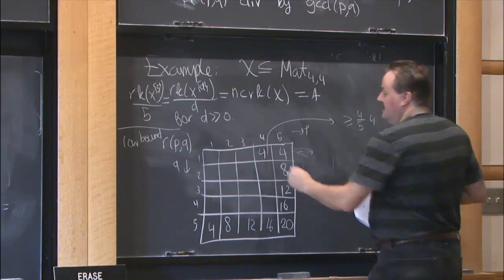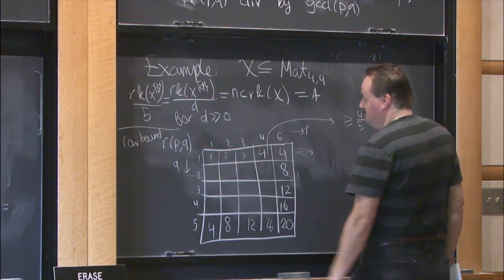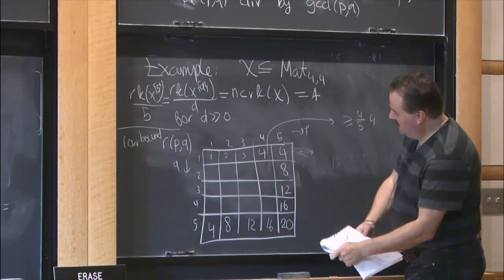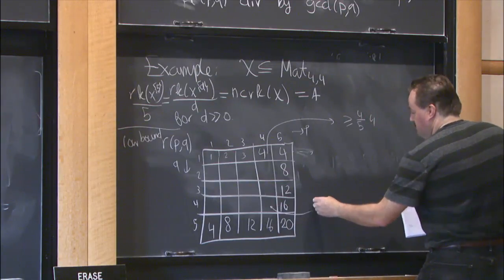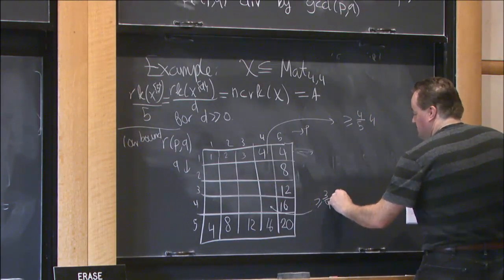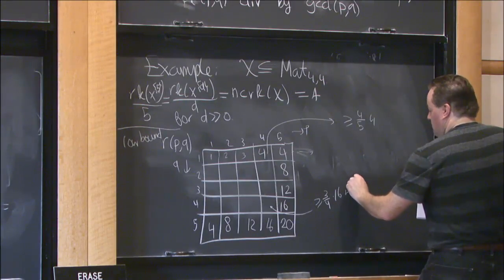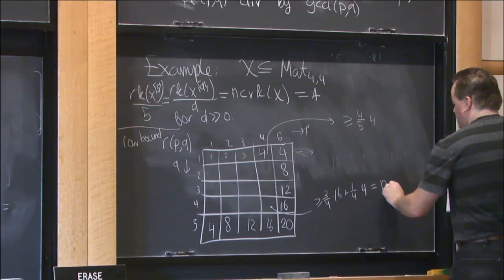So this has to be at least 4. And similarly, this has to be at least 3, and so on. Now, if you look at this entry here, this has to be at least 3/4 times 16 plus 1/4 times 4, which is 13.